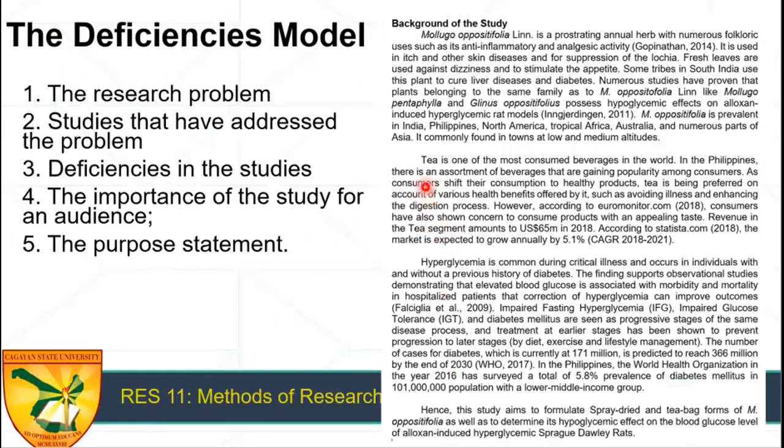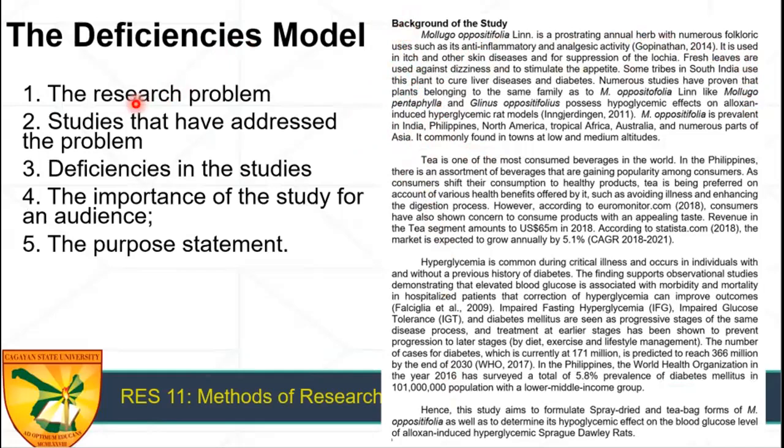So, okay. Here you will see an example of the deficiencies model. It still looks similar to your four elements model. It's still there.